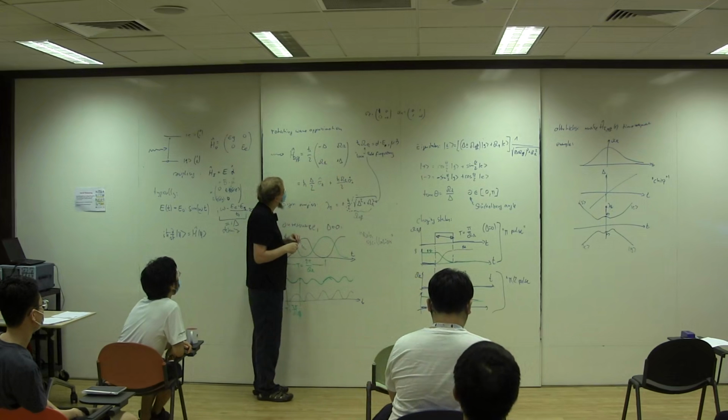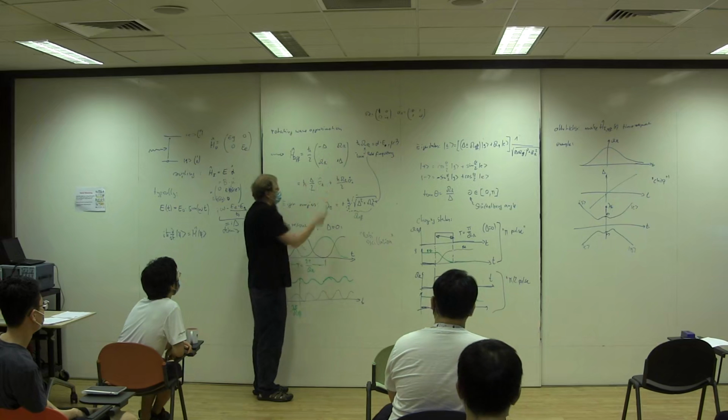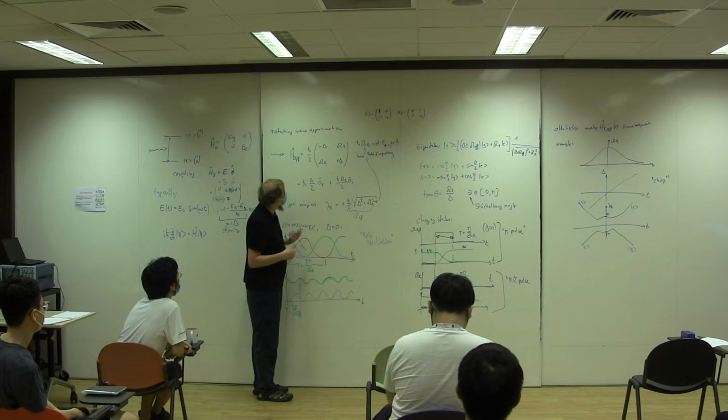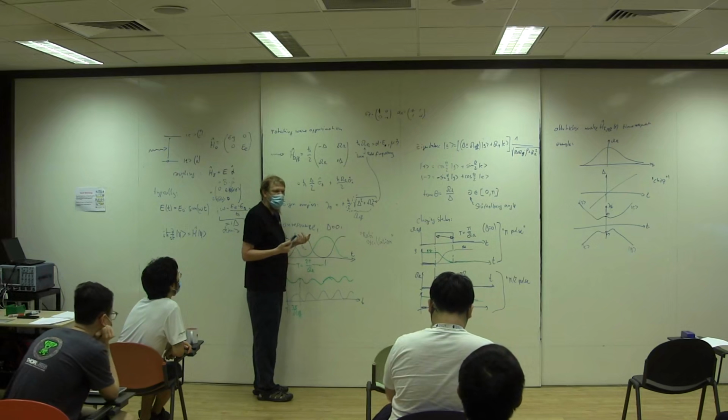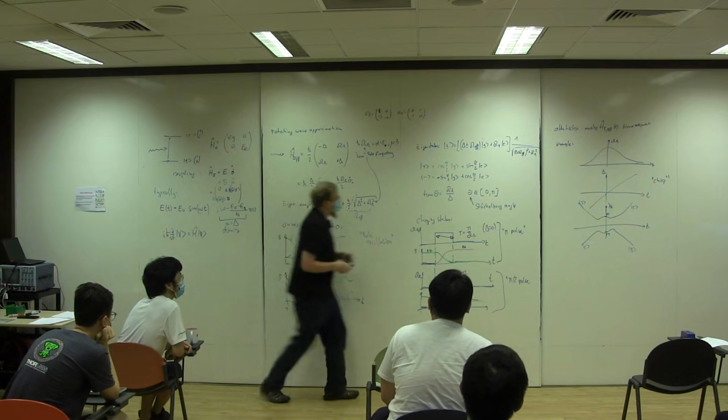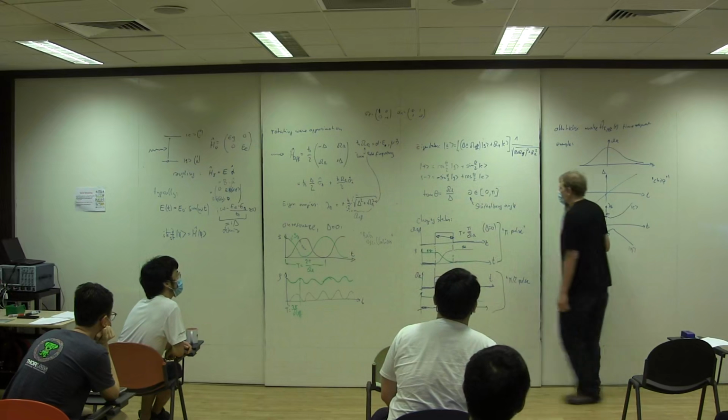And I have a plus delta over 2 here, the minus delta over 2 here, okay? And if I flip the sign, then the ground state changes the sign of its effective eigenenergy. That's all. Maybe I'm just rushing through this too fast.